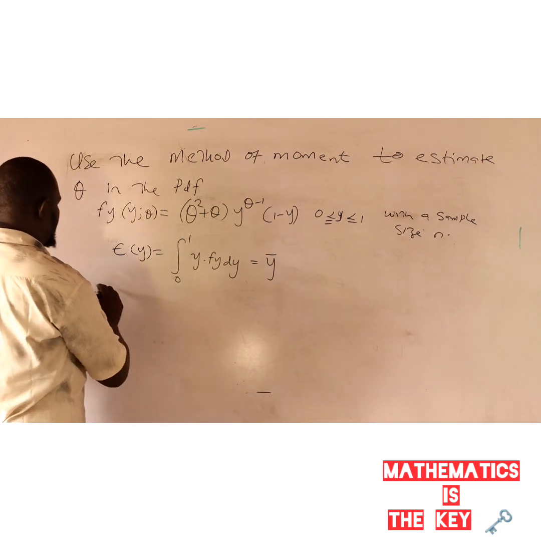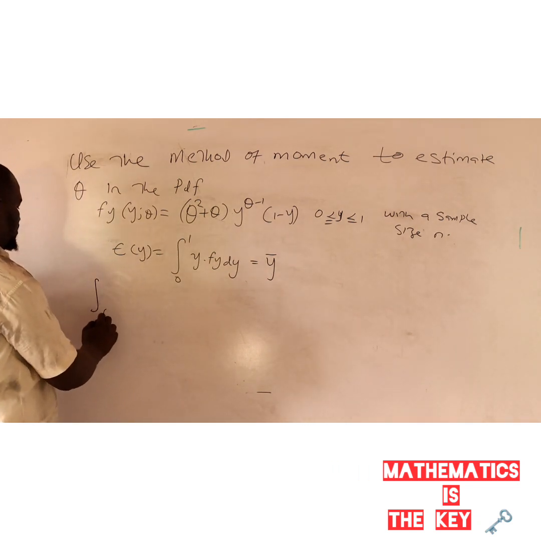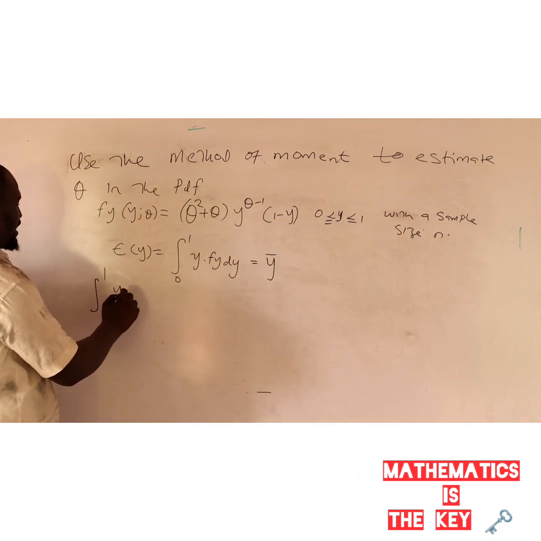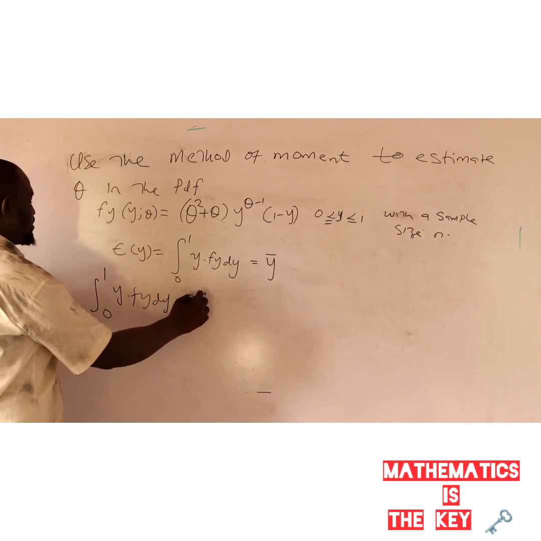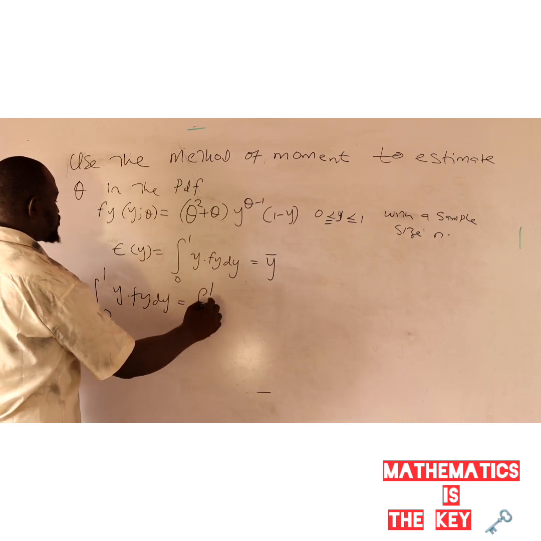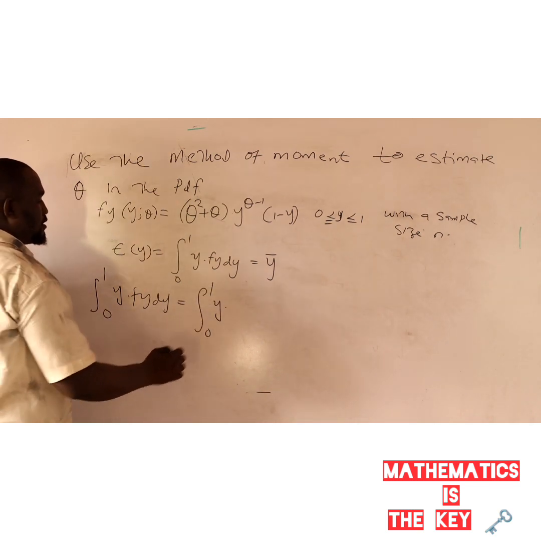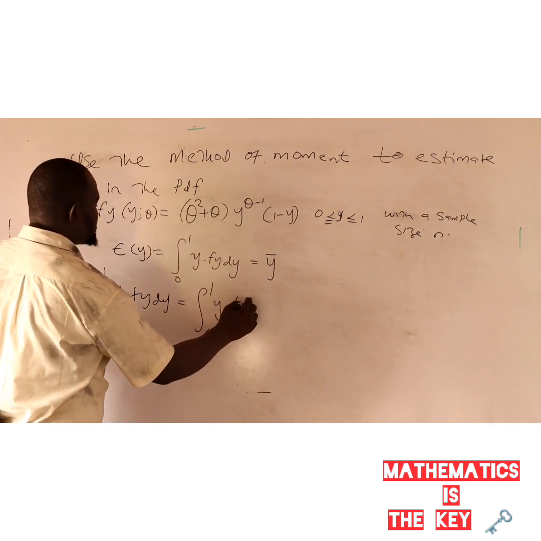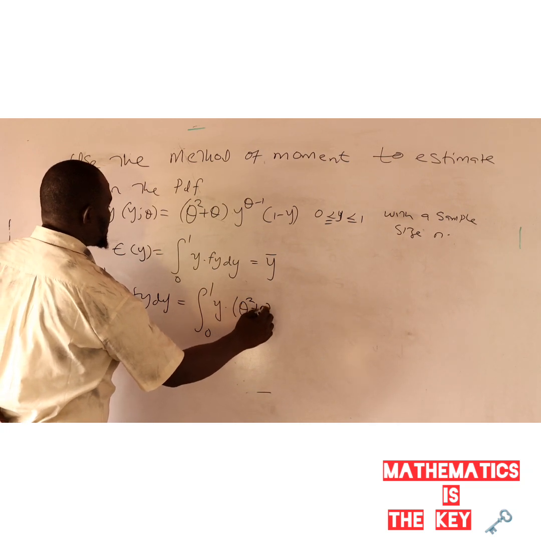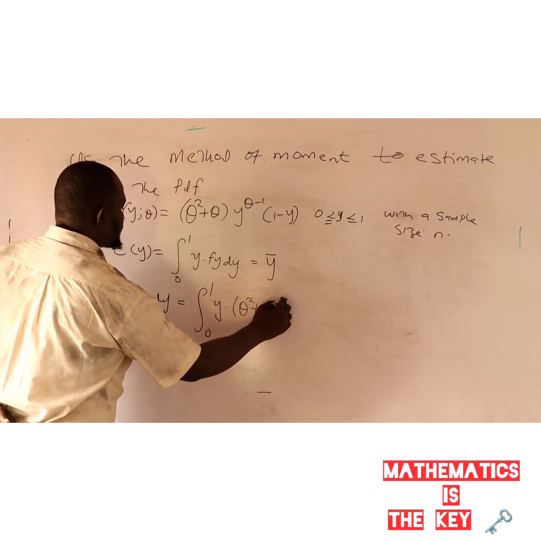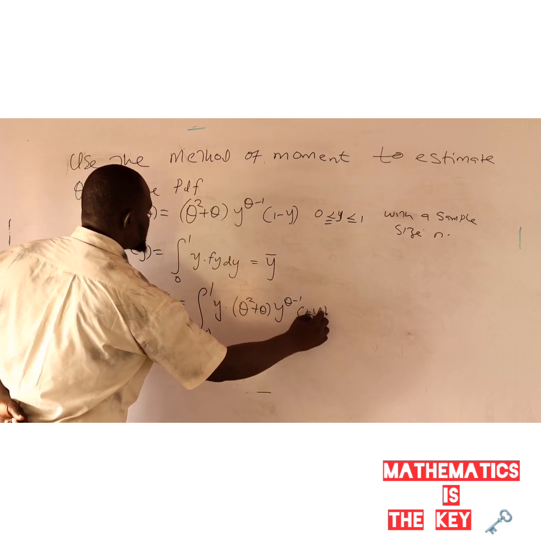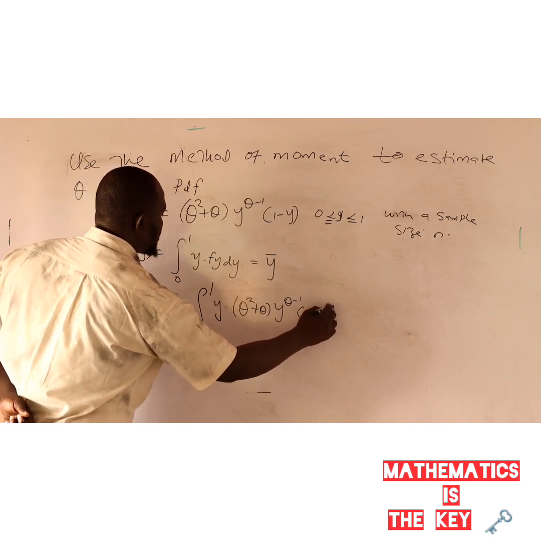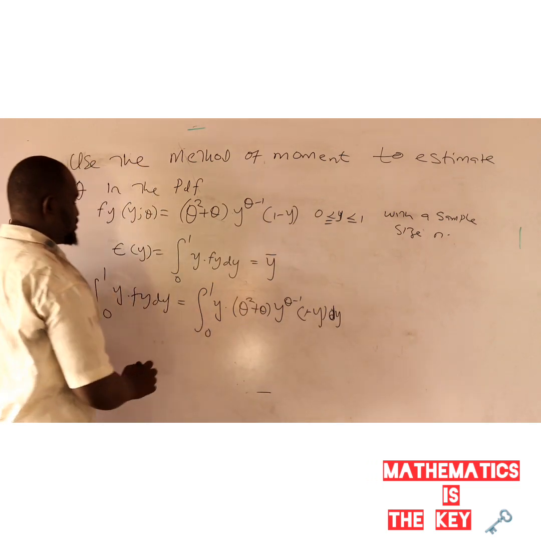Let's simplify this. Integral from 0 to 1 of y times f of y dy is equal to the integral from 0 to 1 of y times theta squared plus theta, then y to the power of theta minus 1, then 1 minus y dy.